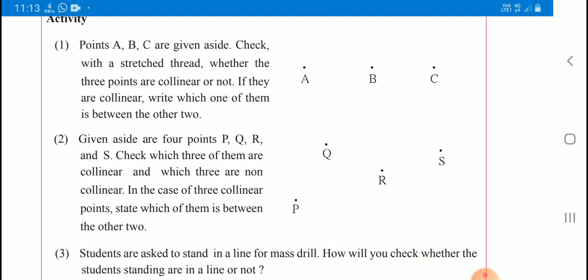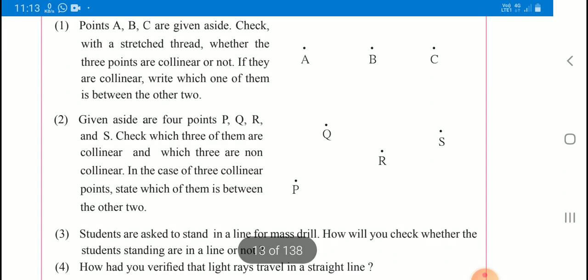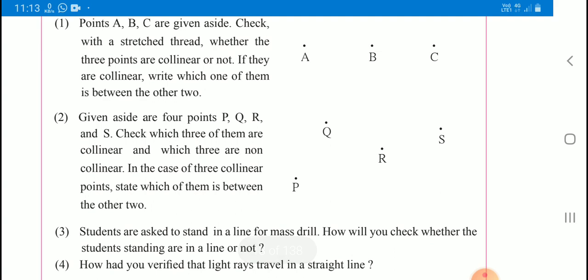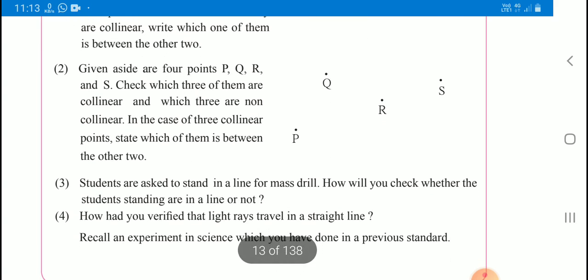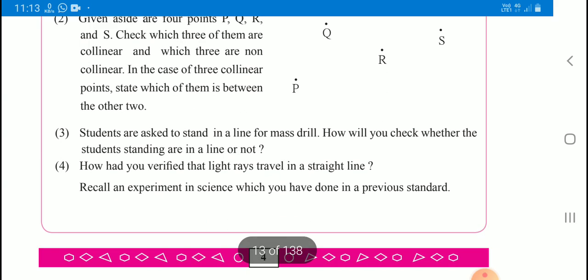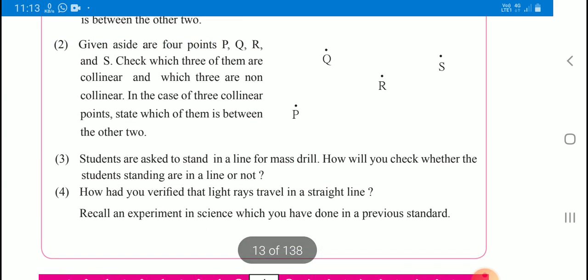The second one: given aside are 4 points P, Q, R and S. Check which 3 of them are collinear and which 3 are non-collinear. In the case of 3 collinear points, state which of them is between the other 2. You have to see the collinear points as well as non-collinear points and write them. Third, students are asked to stand in a line for march drill.